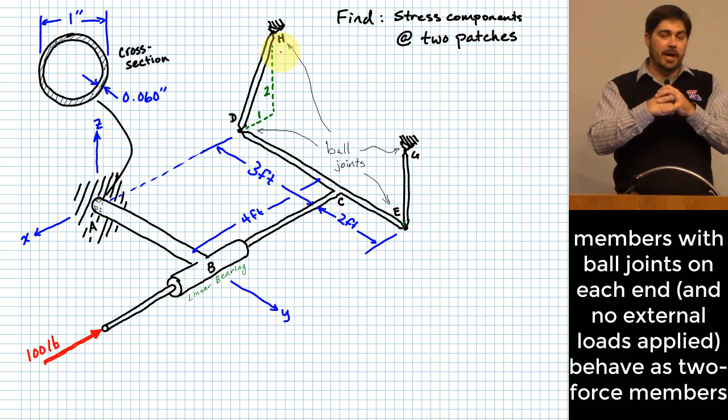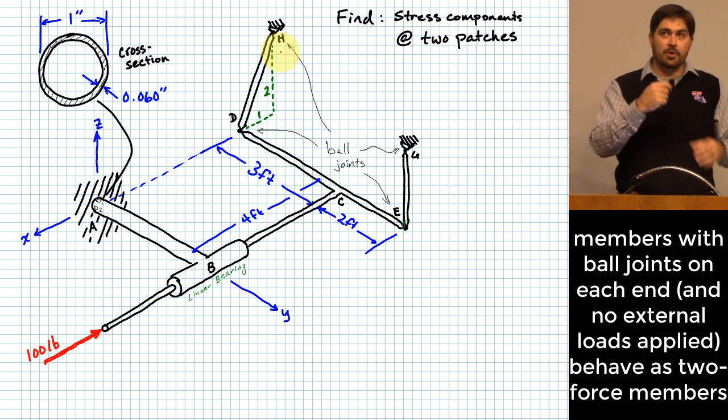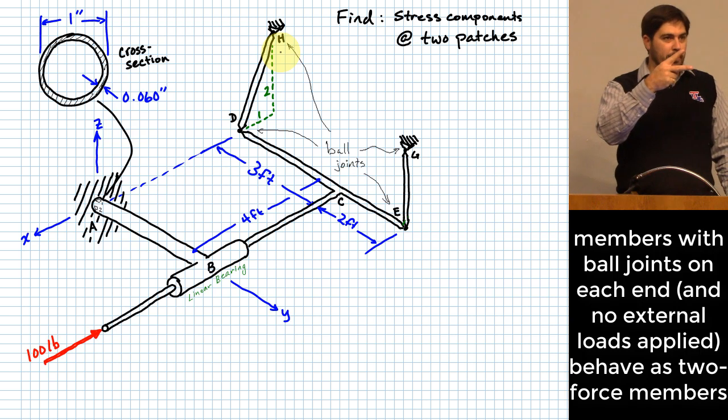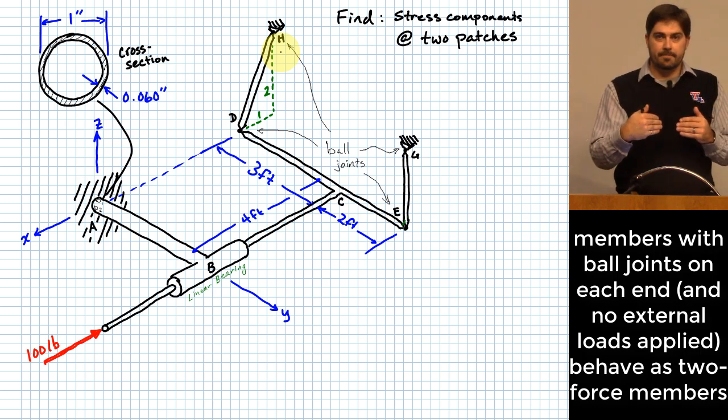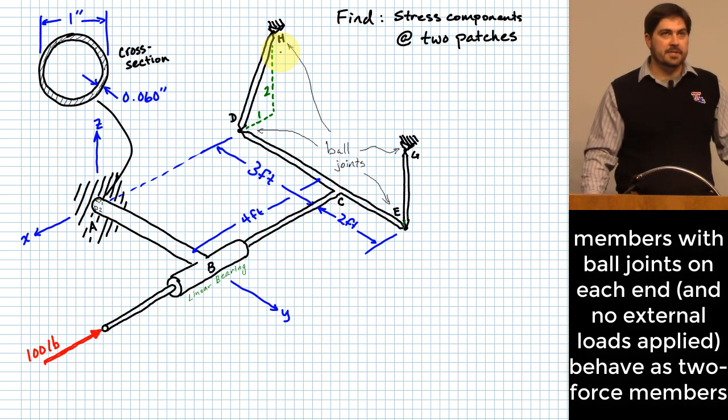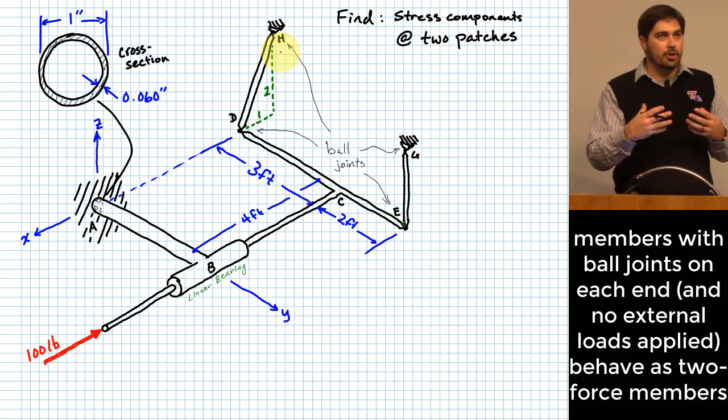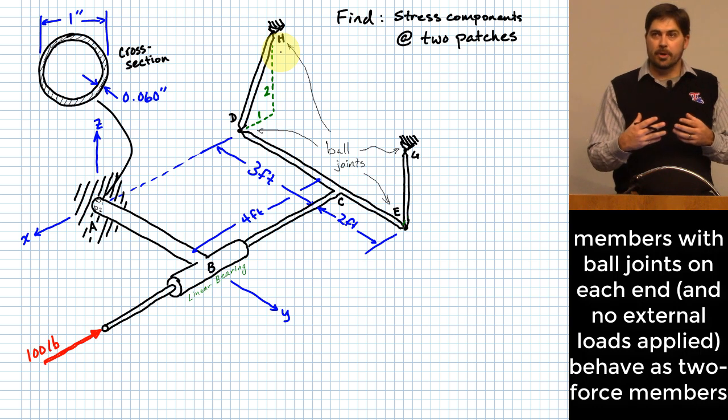And if there are no applied moments, and if there are only two attachment points and no external loads applied on it anywhere, then those meet all the criteria for it to be a two-force member, all right? You might remember that all the way back to your first statics class. We looked at some criteria for knowing whether or not something was a two-force member.